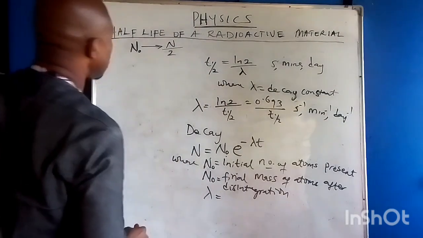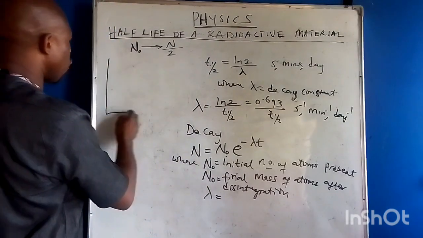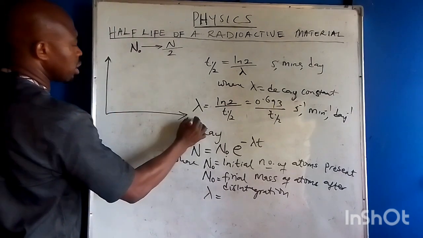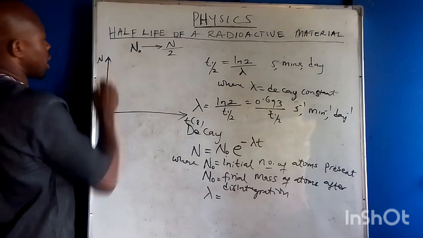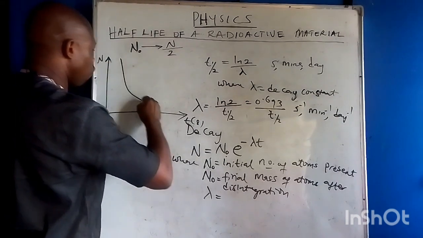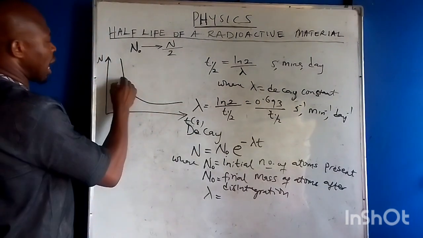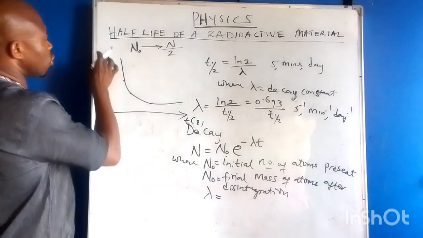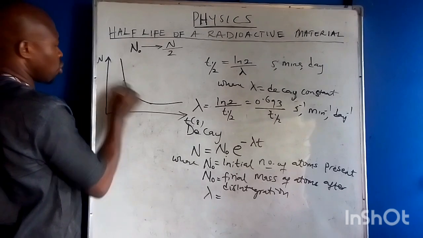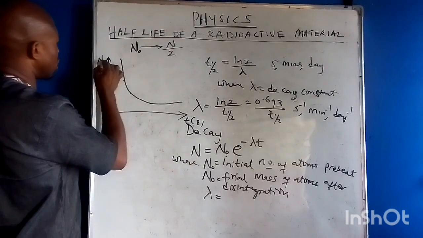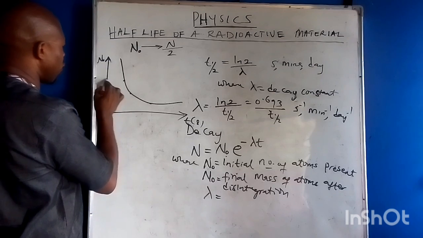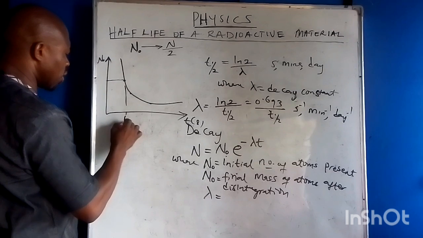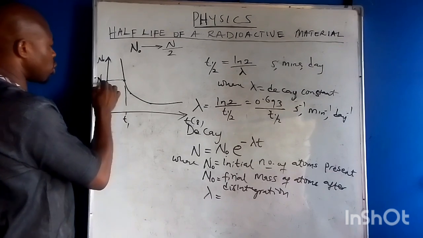From the decay curve, assuming we have a curve like this, where the horizontal axis is t in seconds and the vertical axis is N, at any point you can trace. If this is the initial number N naught, we trace it down, and the time taken is t1, corresponding to N naught.